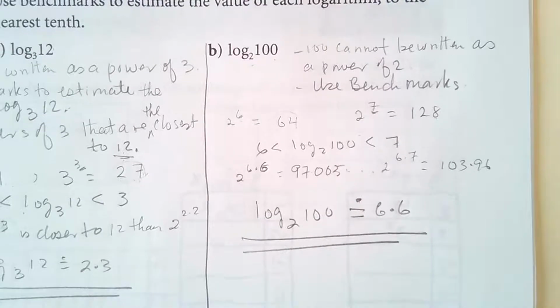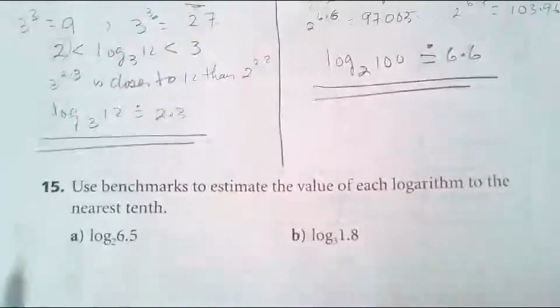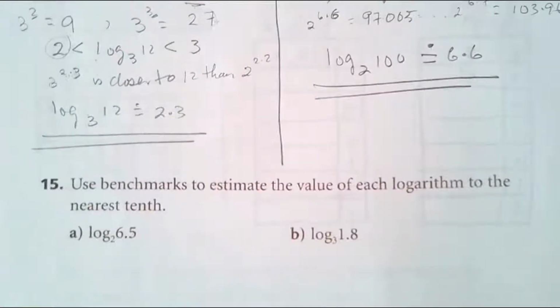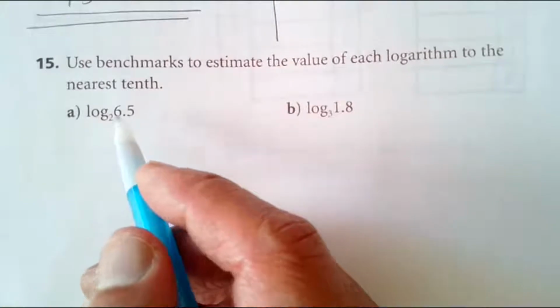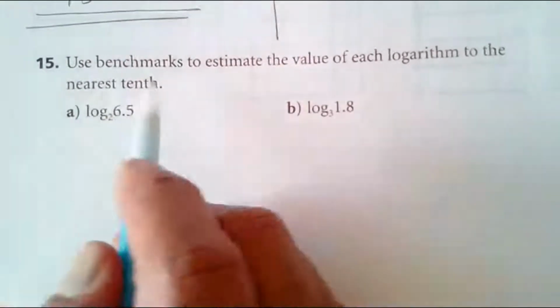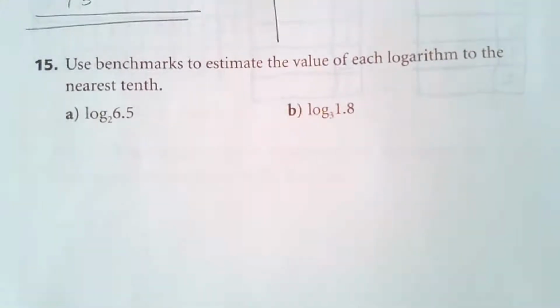A couple of other examples I would like you to try, and then you'll try that in your book. It's question 15. So we'll apply the same process. We cannot write 6.5 as a power of 2.